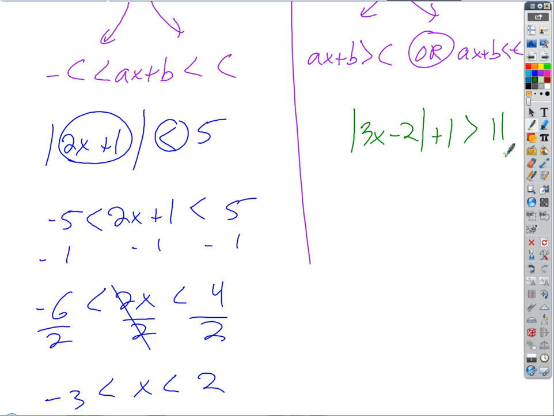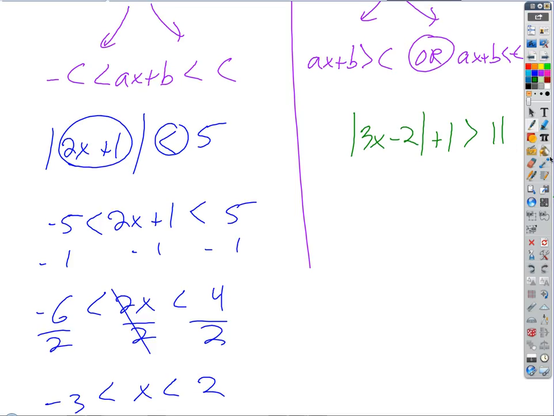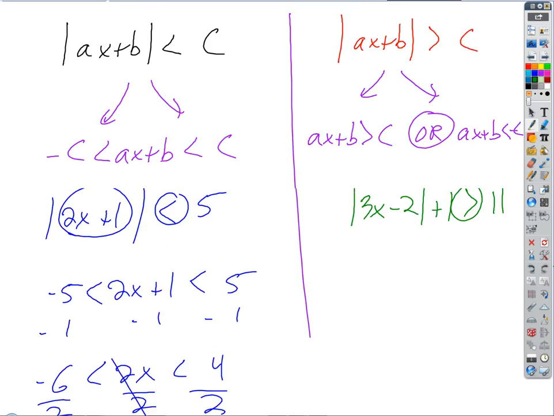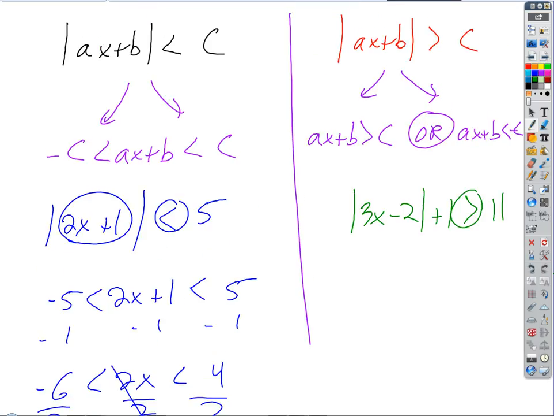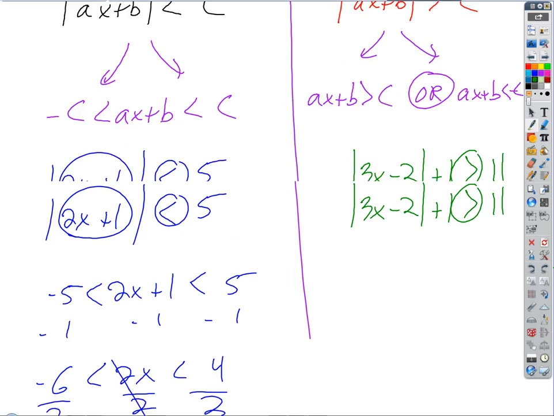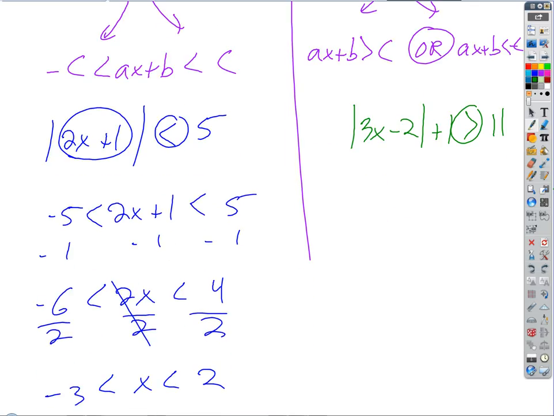Lily, what do you think I have to do to this one before I can make my trade? It doesn't quite look right yet, does it? It doesn't quite look like we've got a greater than symbol. So we're going to probably use this technique. This is going to be our strategy for breaking the absolute value inequality into two regular inequalities. But it doesn't quite look right yet. What do I have to do?